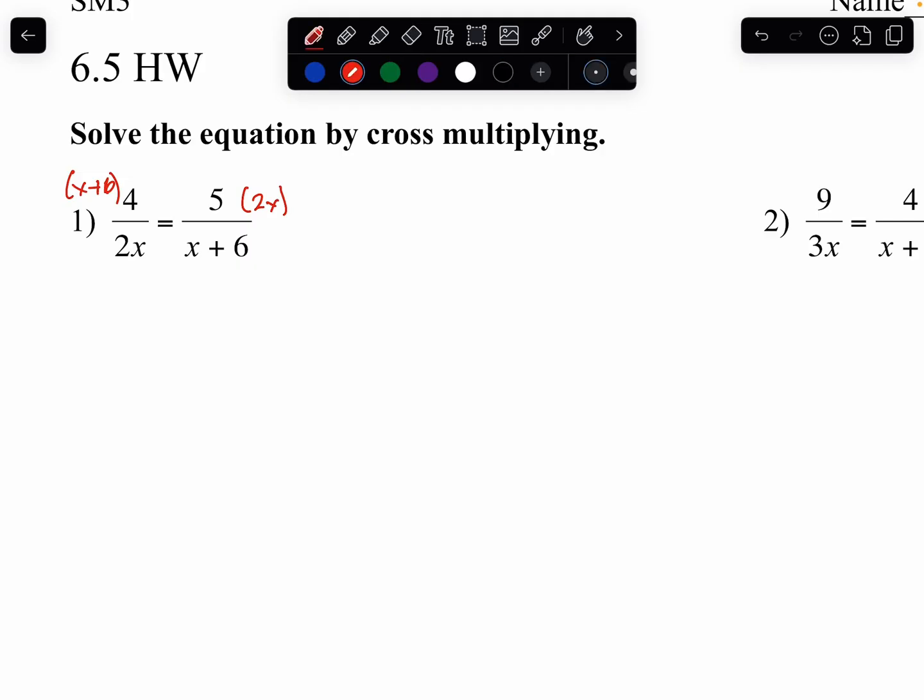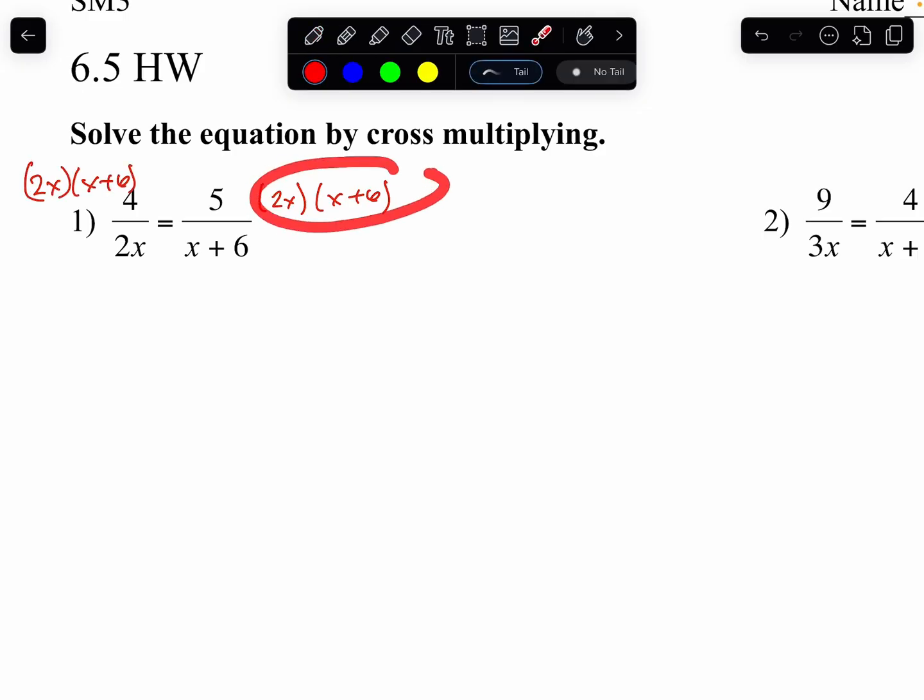You're not actually just multiplying straight across. That's just the way that people think about it. What you're really doing is multiplying both sides by the denominators, 2x and x plus 6. What you do to one side, you have to do to the other side.